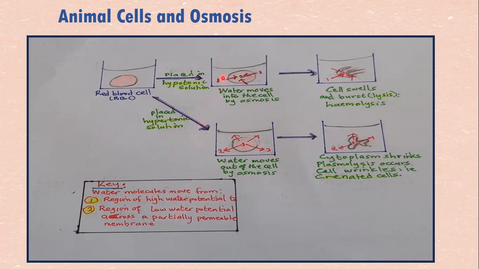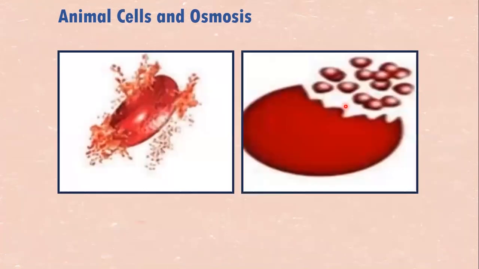So in this one, water molecules move from this region with a high water potential, the hypotonic solution, into the cell contents, which has a lower water potential. The water molecules keep moving in, and the cell swells, and finally the cell bursts, lysis. That is haemolysis. So this is what produced this situation where the cells burst.